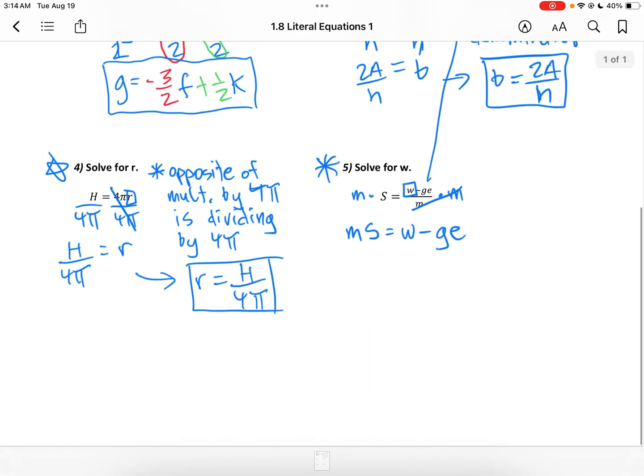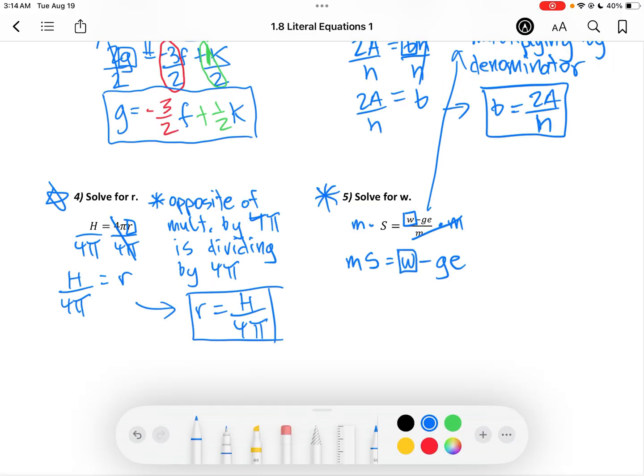Alright, so that cleans it up a little bit, and it makes our lives a lot easier because now what we're going to do is we're going to box the W, and then we got to get rid of that negative GE outside the box because remember, we're trying to get W by itself. So the opposite of negative GE is positive GE. So I'm going to add GE to cancel it.